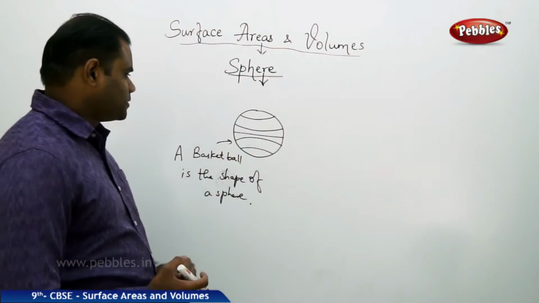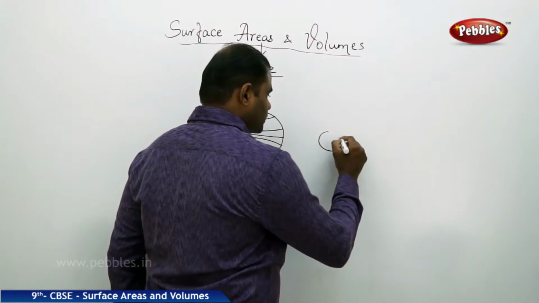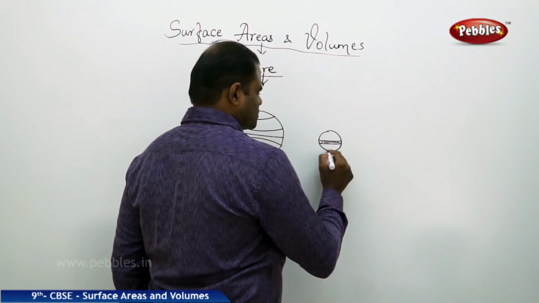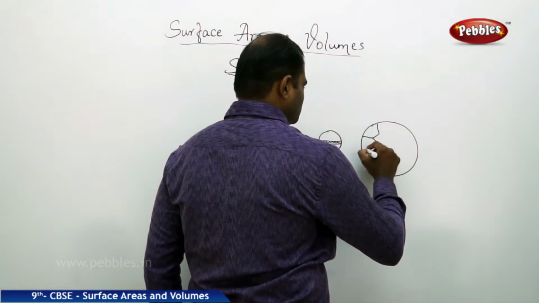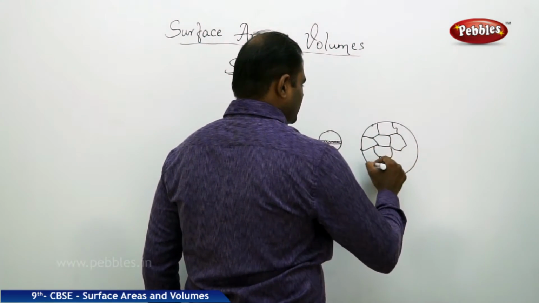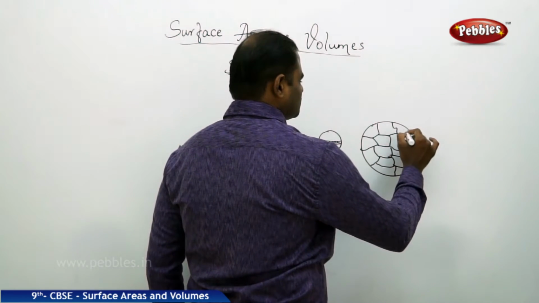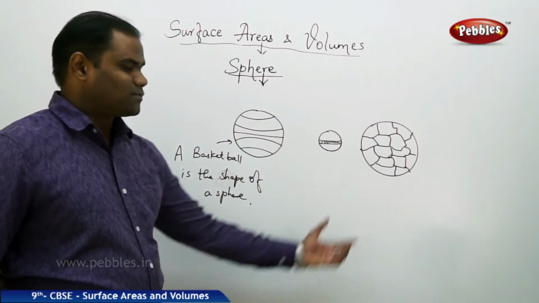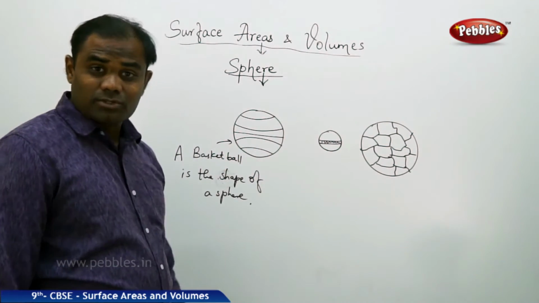As we have seen, different shapes like a basketball, a cricket ball, and a football look like a sphere.